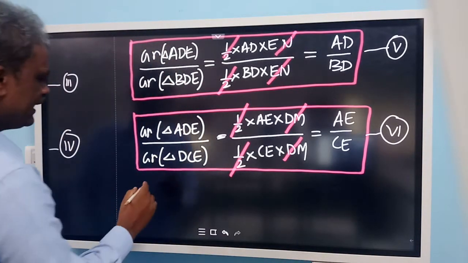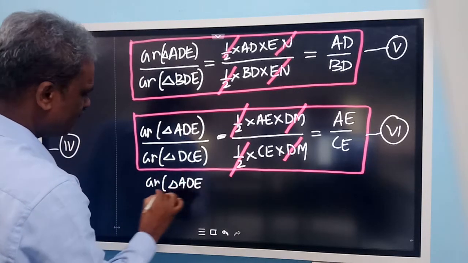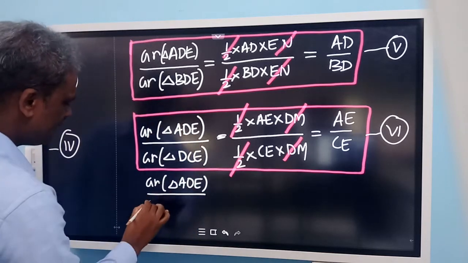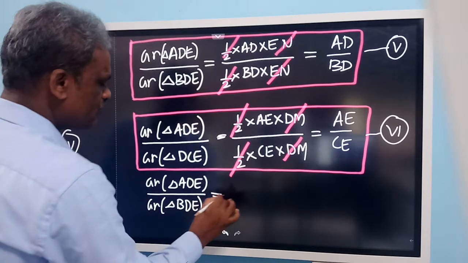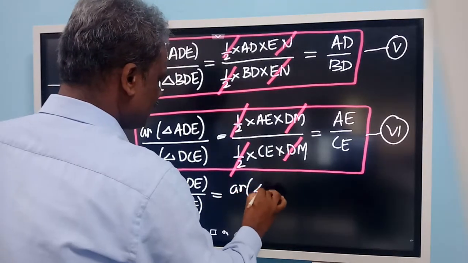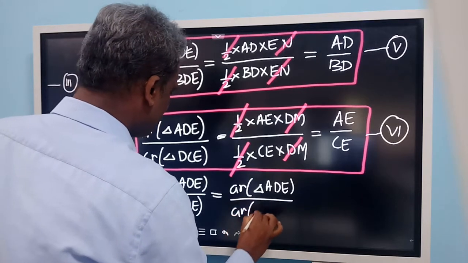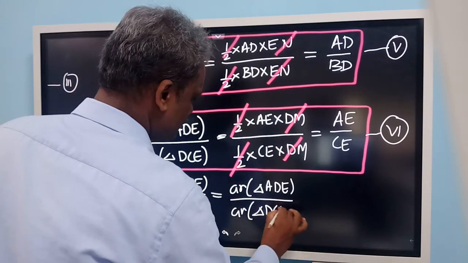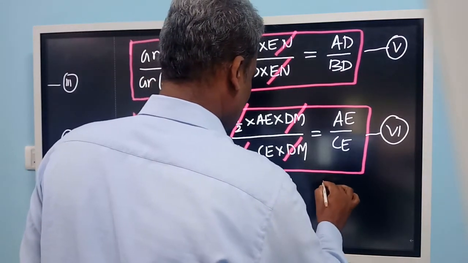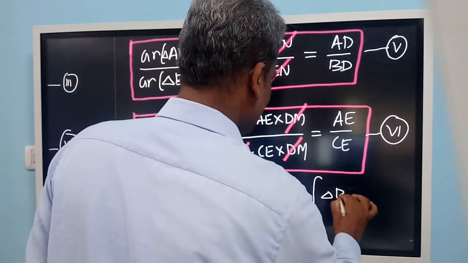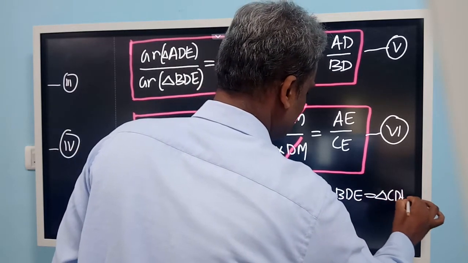Therefore I can write area of triangle ADE divided by area of triangle BDE is equal to area of triangle ADE divided by area of triangle DCE, because triangle BDE is equal to triangle CDE.